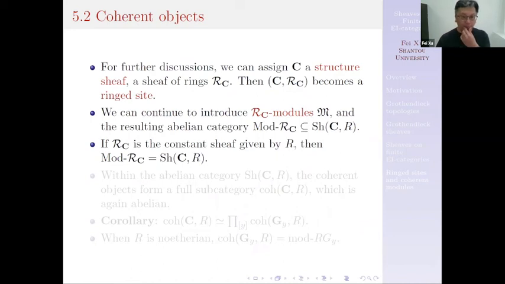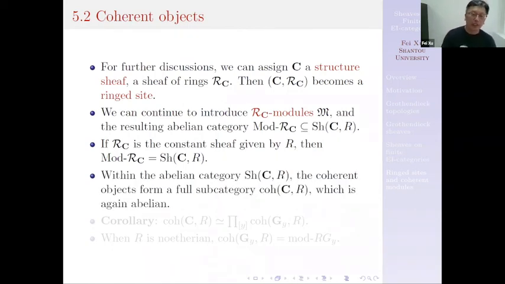And yeah, now with this in hand, we can continue to look at the coherent objects, because the sheaf category of R-modules is an abelian category, so we can consider coherent objects in it. And then in this case, you still get an equivalence. I mean, this is also a tensor category equivalence.